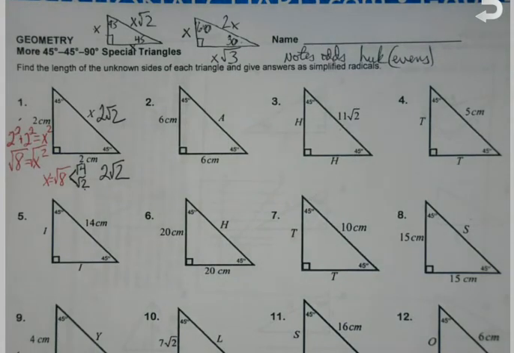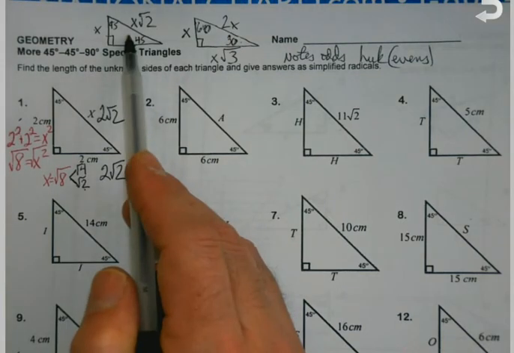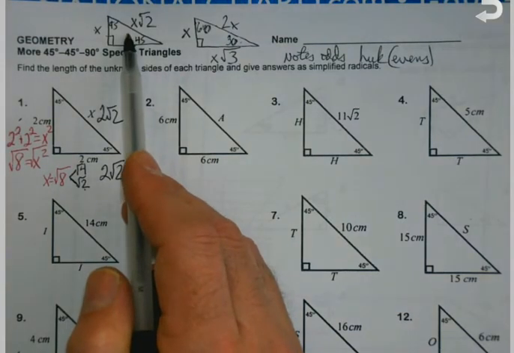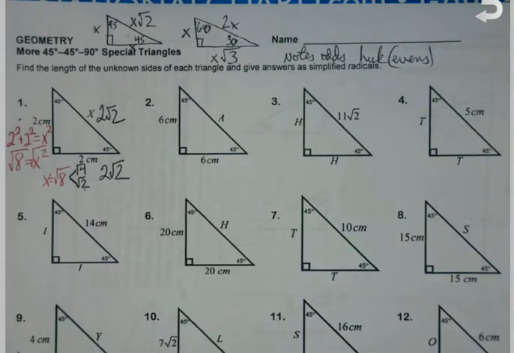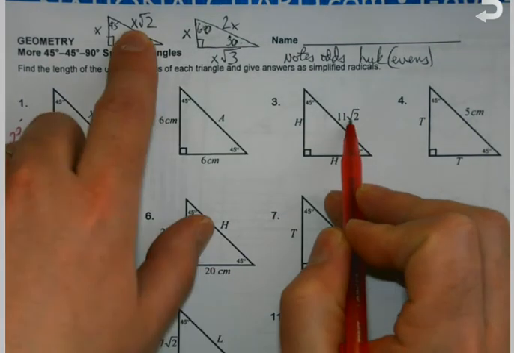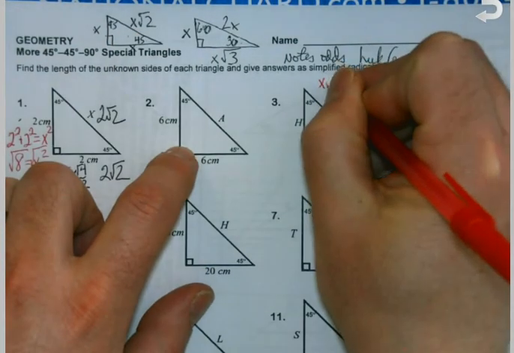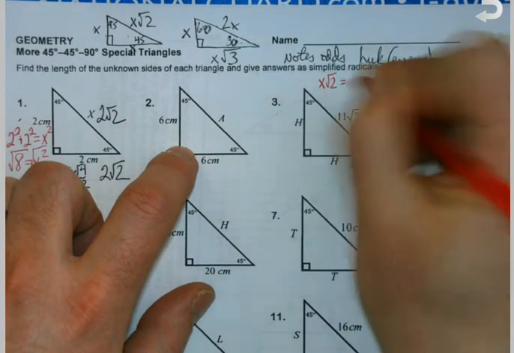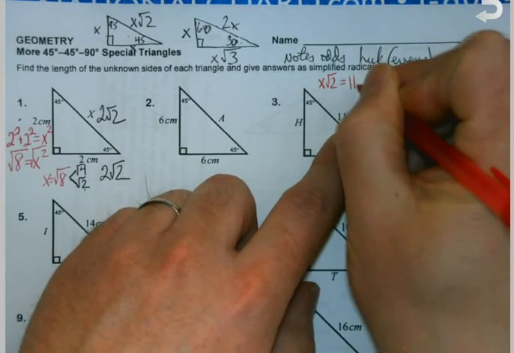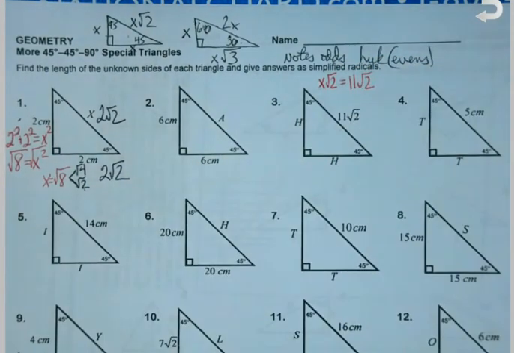We're going to make a little algebra equation out of this, but I have to know the form to even be able to do it. So I look at this and I say, okay, if I have the hypotenuse, that's this side. So x times the square root of 2 equals this because, well, that's my hypotenuse and that's the value I get. You're like, ooh, but this is kind of cool.